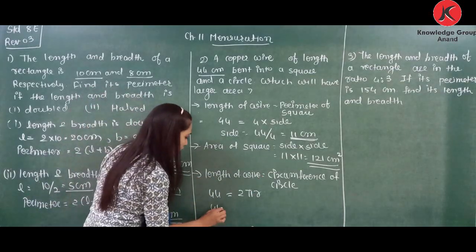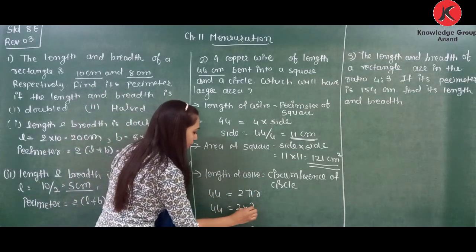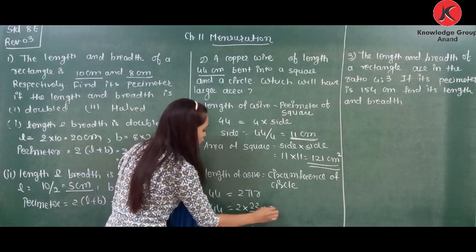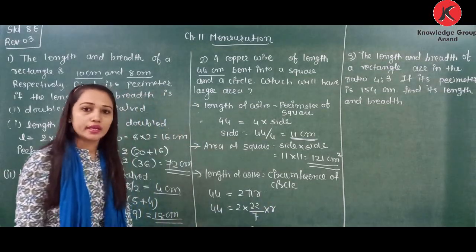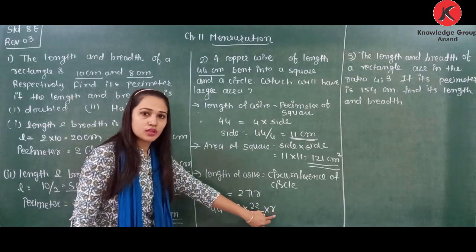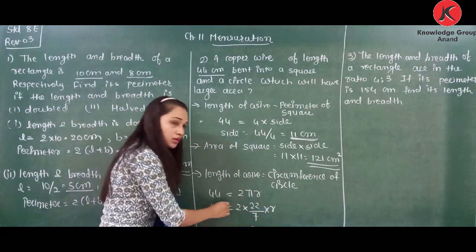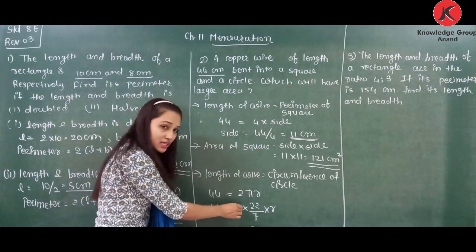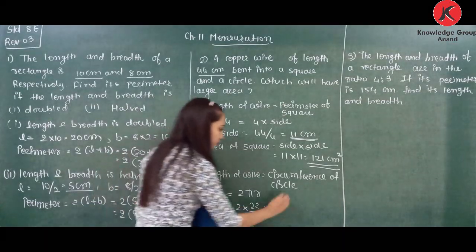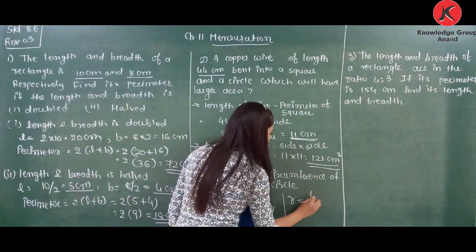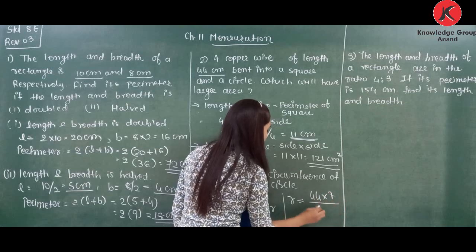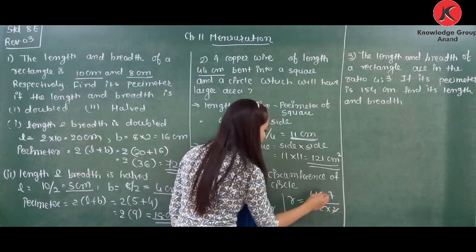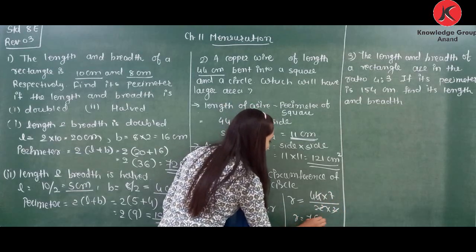Now 44 is equal to 2 times pi, which is 22 divided by 7, and we need to find the radius, because to find the area of a circle we need the radius. So take the 7 and multiply by 44, and the 22 and 2 go to the denominator. So r is equal to 44 multiplied by 7 divided by 22 multiplied by 2. So r is 7 centimeter.